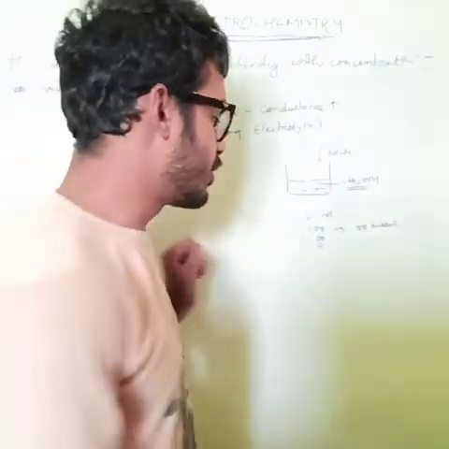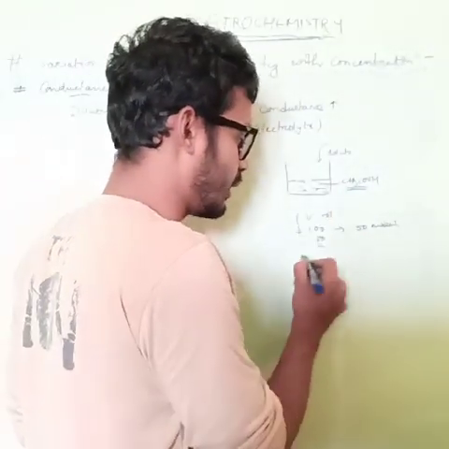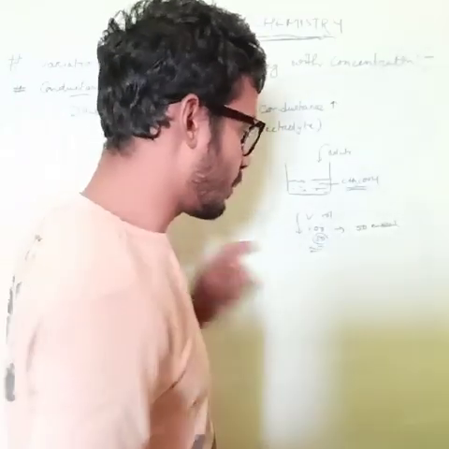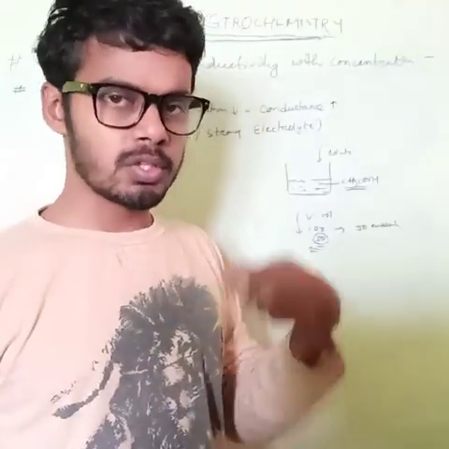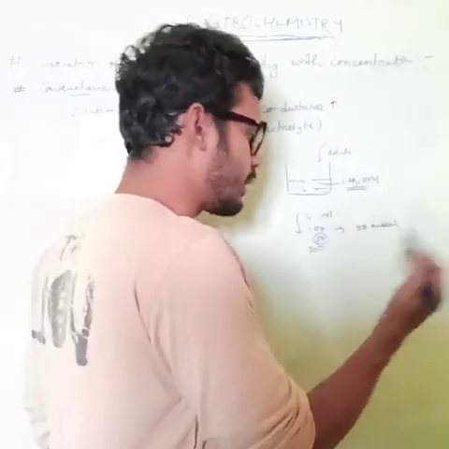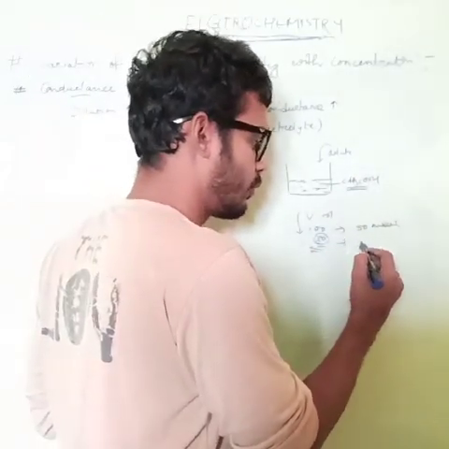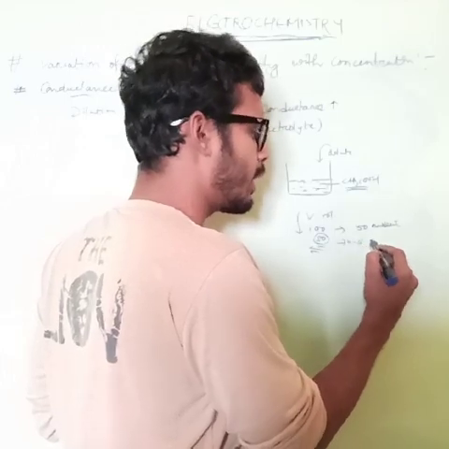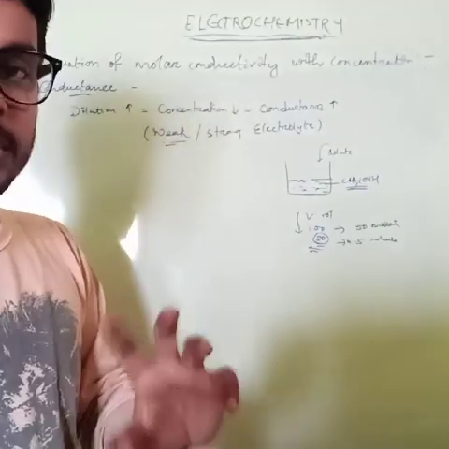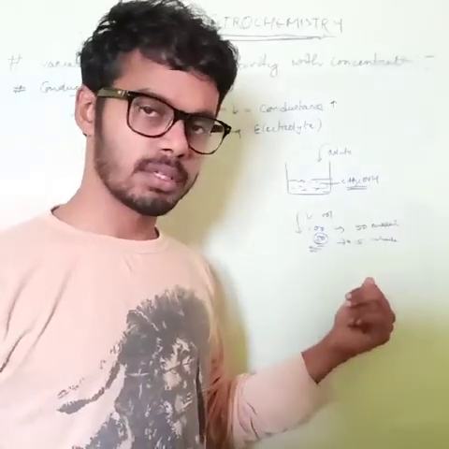When you dilute it, the remaining 50 molecules try to give more ions, maybe 4 or 5 more, not 100% because this is a weak electrolyte.